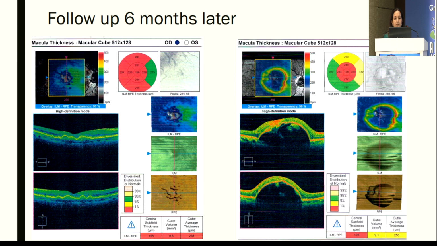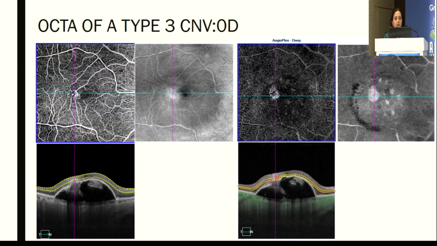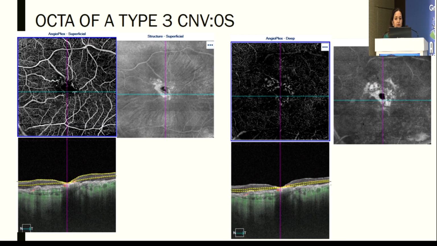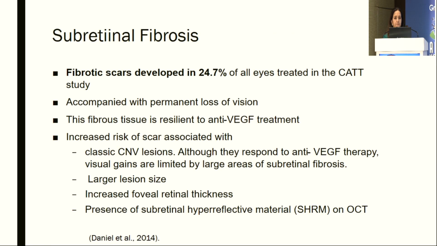You can see a large PED with a vascular growth under the PED, and this is how it looks on multimodal imaging on OCTA. And this is the other eye of the patient: you can see the regression is there, but it has resulted in atrophy, so it's a poor biomarker as far as the vision is concerned.